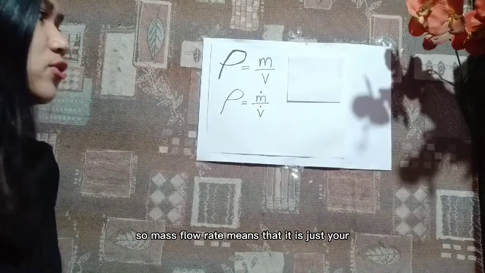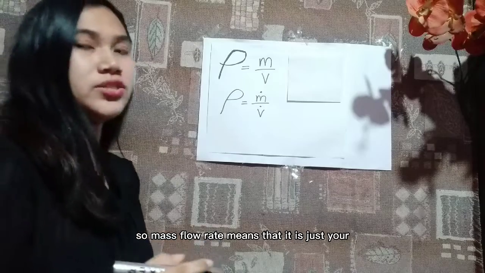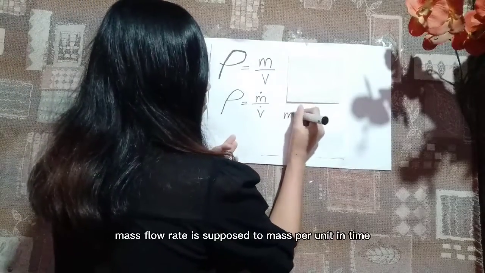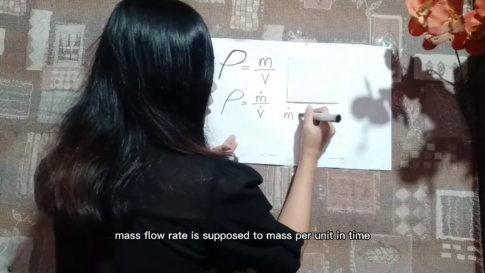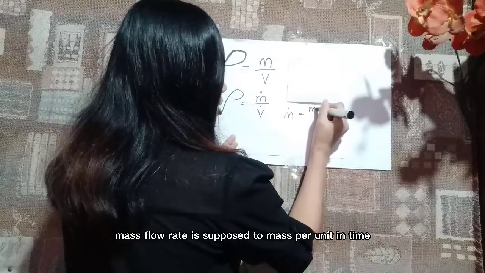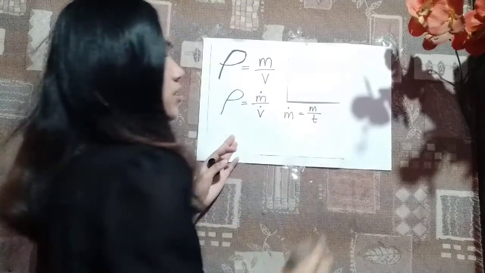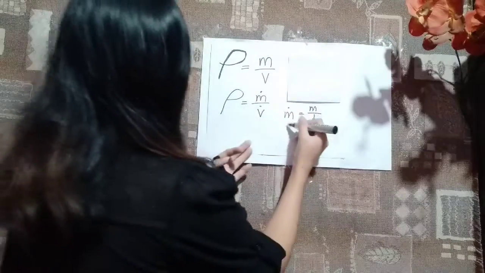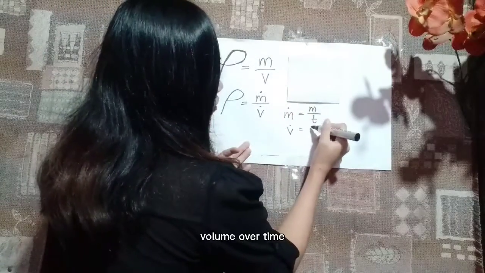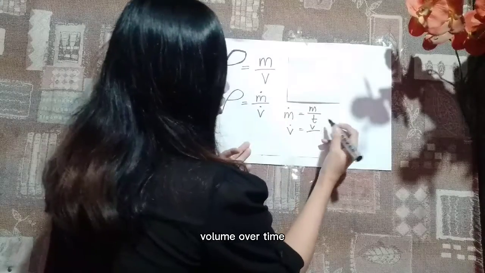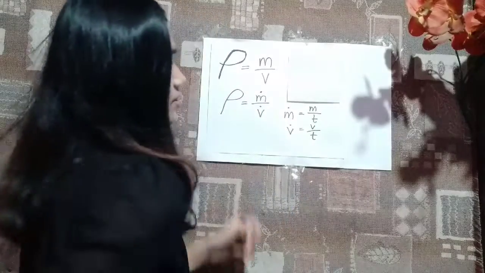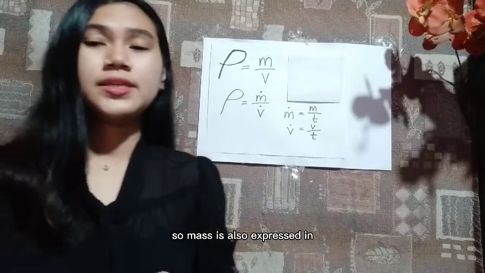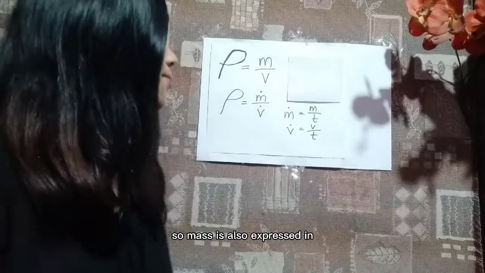Mass flow rate is just mass per unit time. Also, volume flow rate is just volume over time.